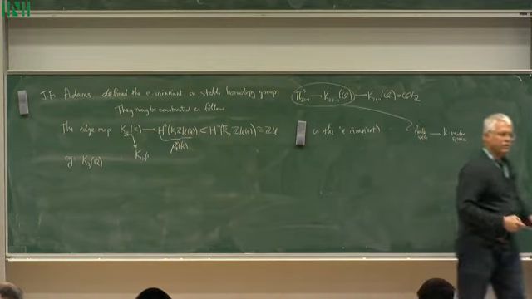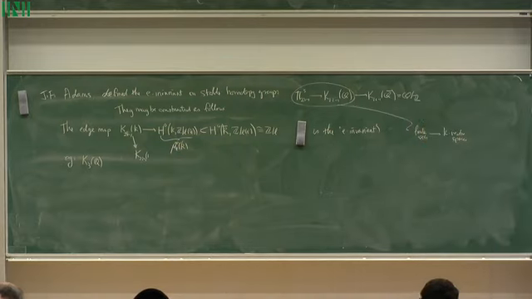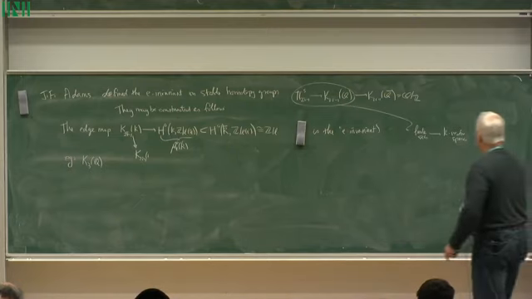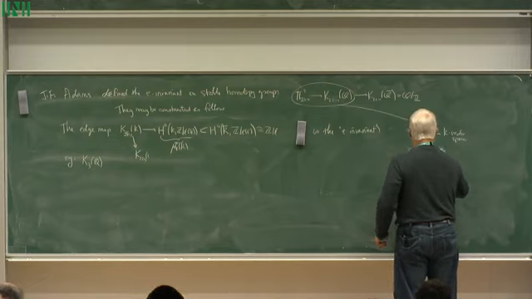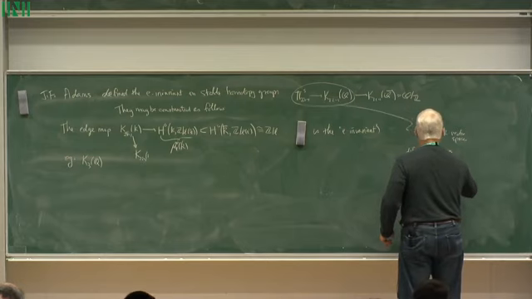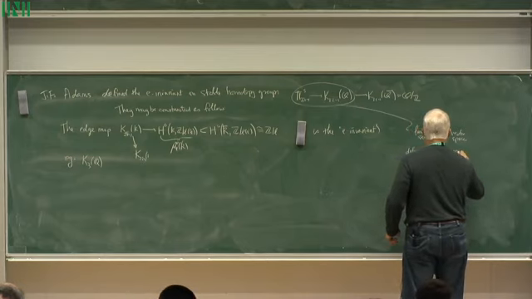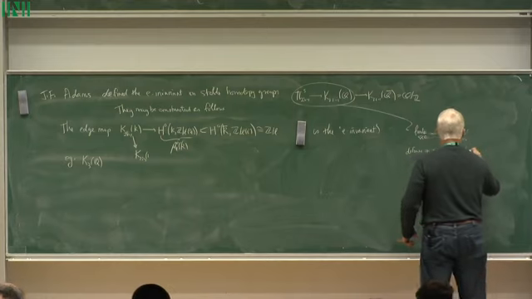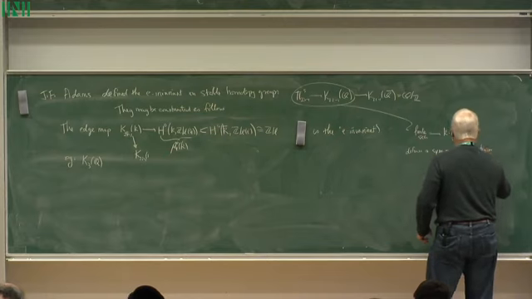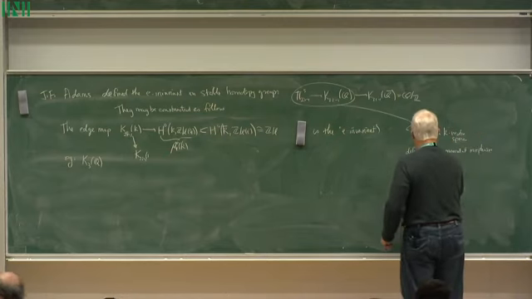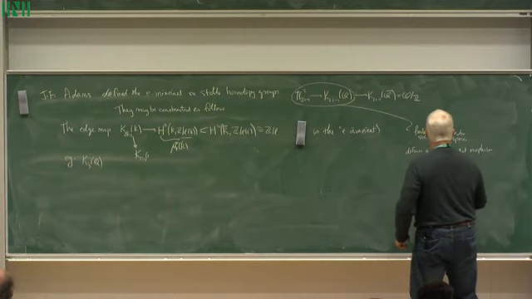So what's the functor? You take a set, you take the free vector space on that set. And this defines a symmetric monoidal morphism from finite sets to K vector spaces.